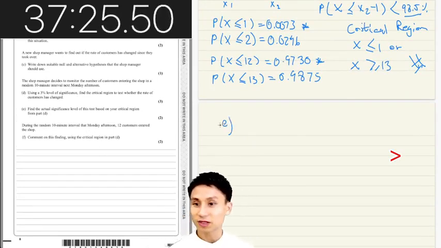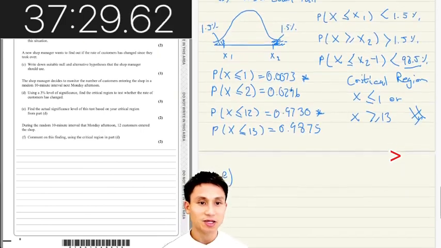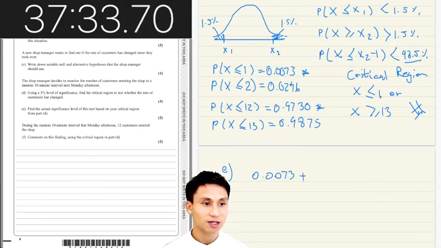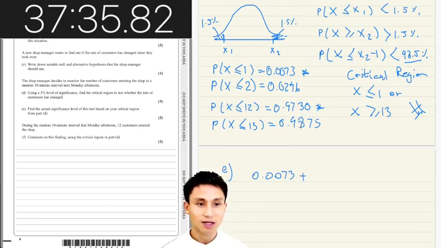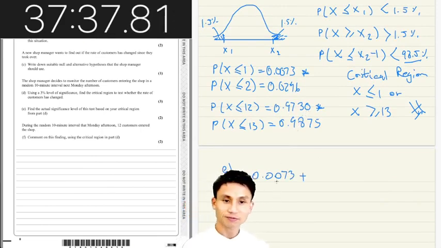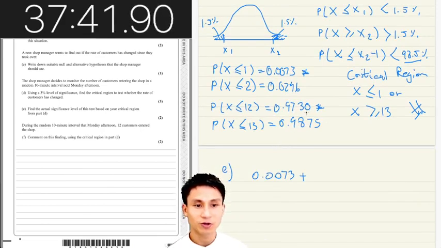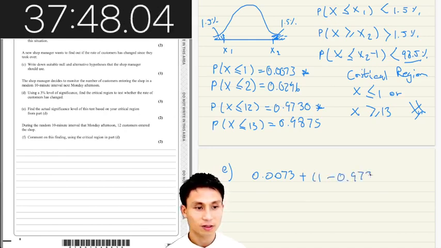Find the actual significance level of this test based on your critical region in part D. So yeah, we just add up 0.0073 plus the probability of greater than 13. So yeah, we do 1 minus this, guys. Okay, so 1 minus this to find the other side, because if you take this, it's not going to be right.